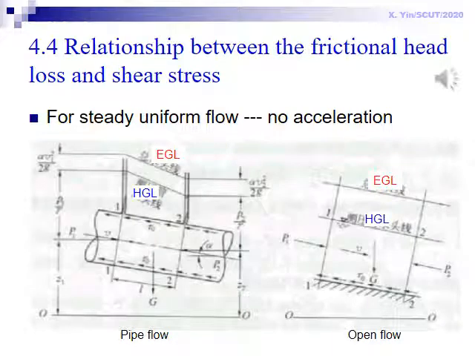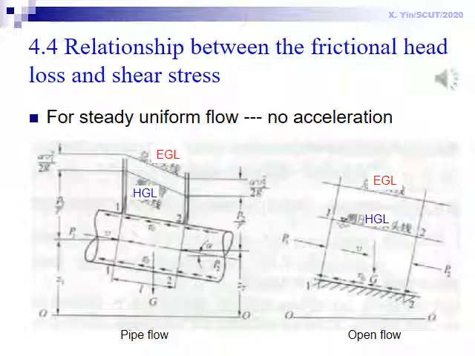We have known that head loss results from internal friction, or in a more standard statement, shear stress. Then, what is their relationship? We take steady uniform flow to find out, because such a flow is the simplest and its acceleration is zero.